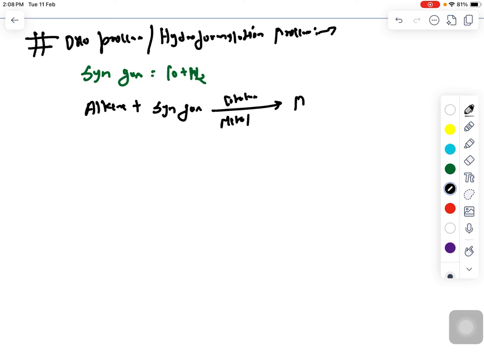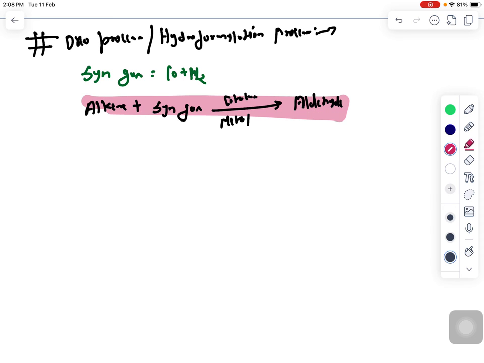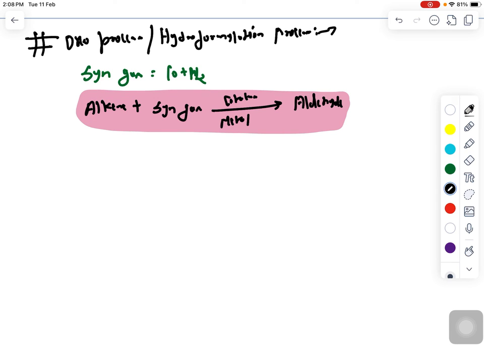It will form aldehyde. Is that clear? So these things only you have to understand, that hydroformylation or oxo process is being used to produce aldehyde, and when alkene reacts with carbon monoxide and hydrogen, that is syn gas, it will produce the aldehyde, right?